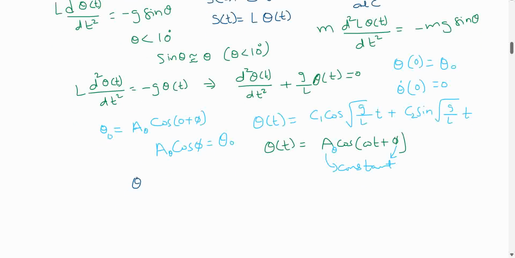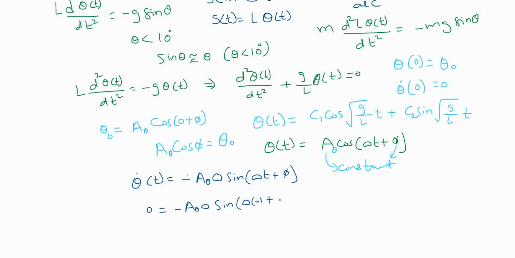When we do theta dot of t, as it is cos, we get minus A omega sin of omega t plus phi, and we substitute it, so we get 0 equal to minus A omega sin phi.